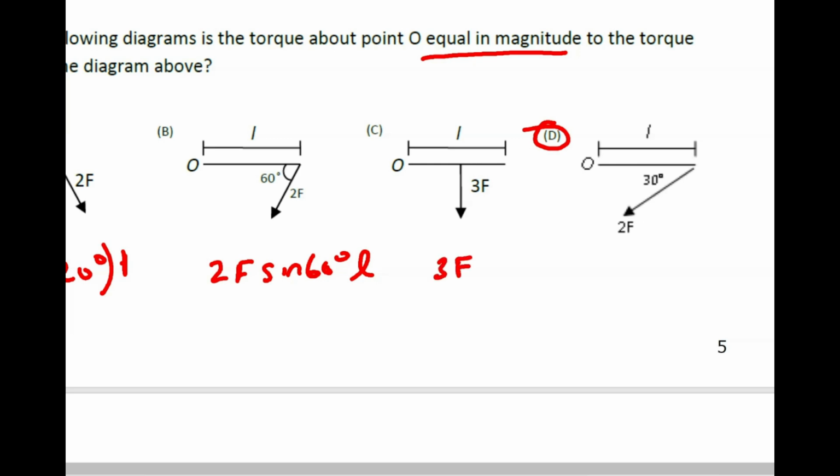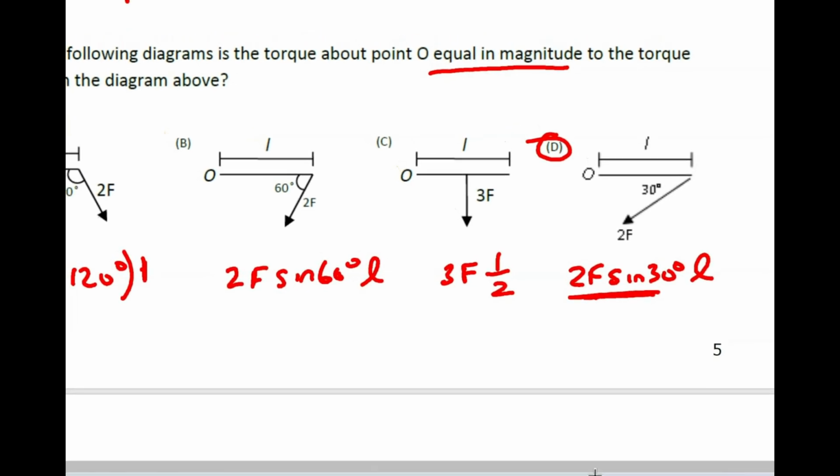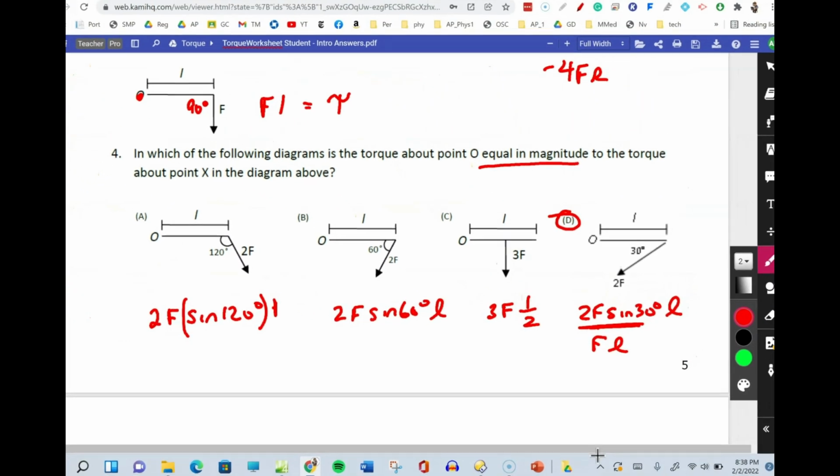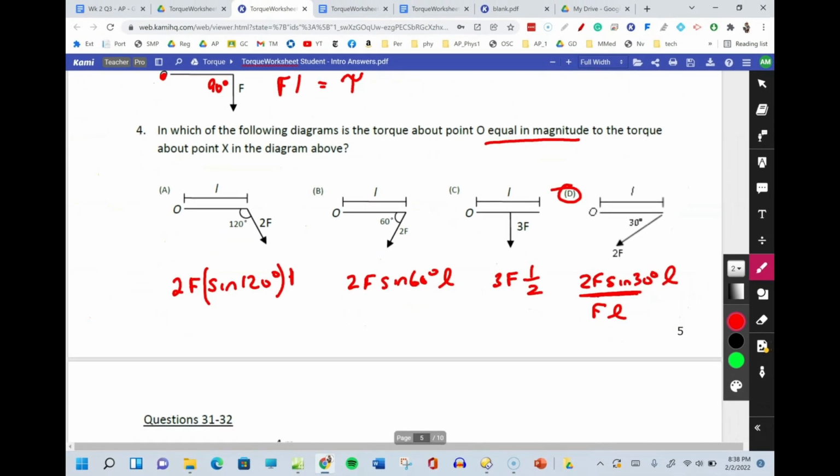Now that's 90, so I don't need the trig, but it looks like L over 2. This one here is 2f sine of 30 times L, and check it out, I think we've got the answer because sine of 30 is a half. This is f times L, that's why it's D, and that's it for this. We'll stop at 5.